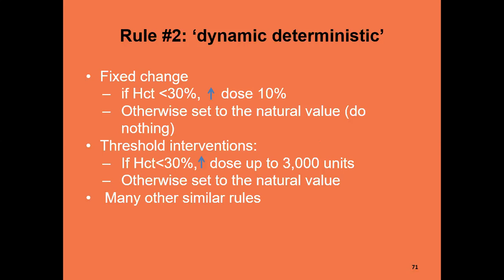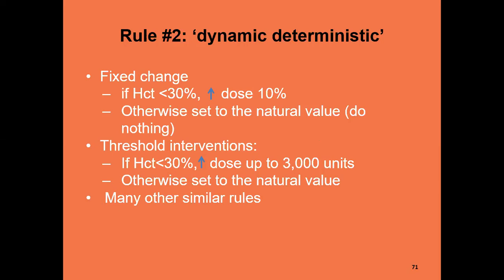Otherwise, set to the natural value. Natural value means simply no intervention, do nothing. And threshold intervention: if hematocrit is less than 30%, we increase the dose up to 3,000 units. So the 3,000 units is the threshold level that we define. Otherwise, set to the natural value.